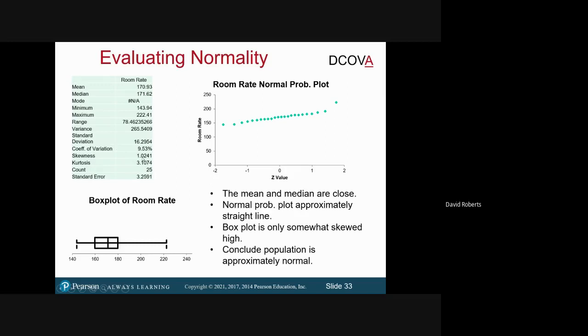The skewness is 1.0241, so it's only slightly skewed, and that's fine. It's just slightly asymmetric, or off kilter, however you want to describe it. You should test for that. If you've got a sample that is very skewed, then you can't use normal distributions, and you would need to take Stats 2.